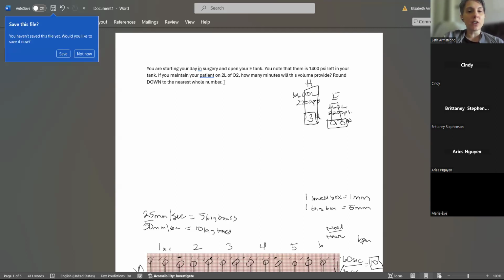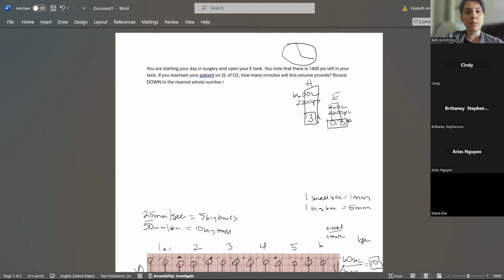So it says we're going to start our day and open that E tank. So turning it on, we note that on the manometer here, we're at 1400 PSI, or somewhere around there. Remember that our total that we can have is 2200 PSI in either tank. But we're at 1400.